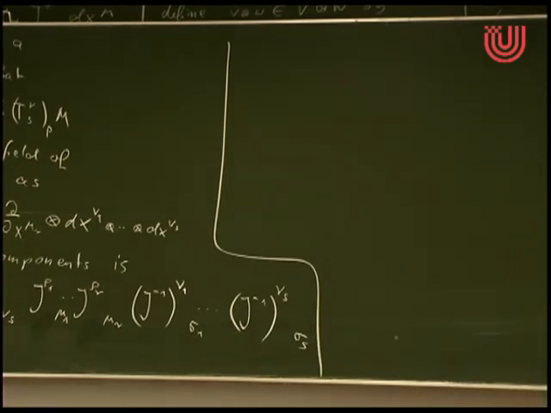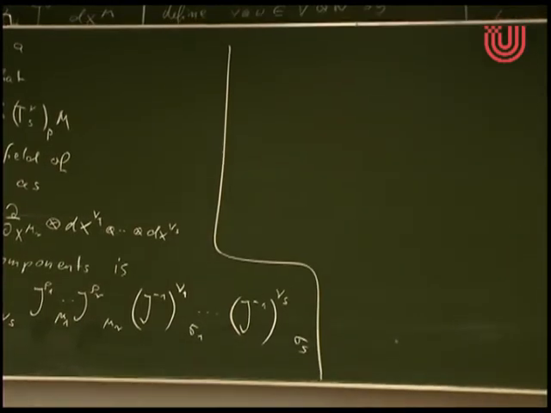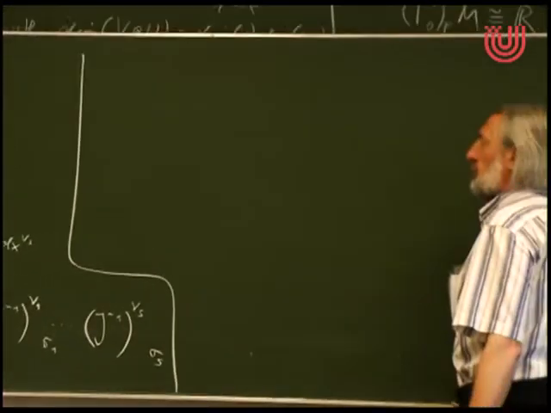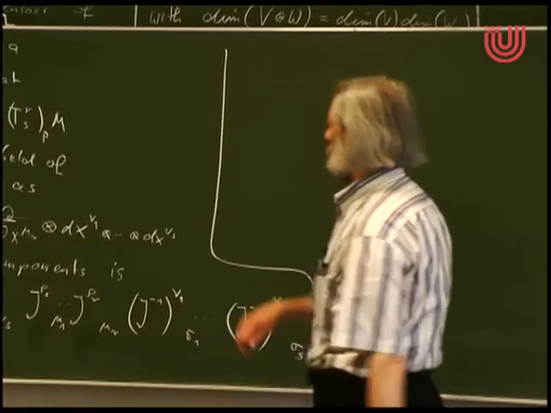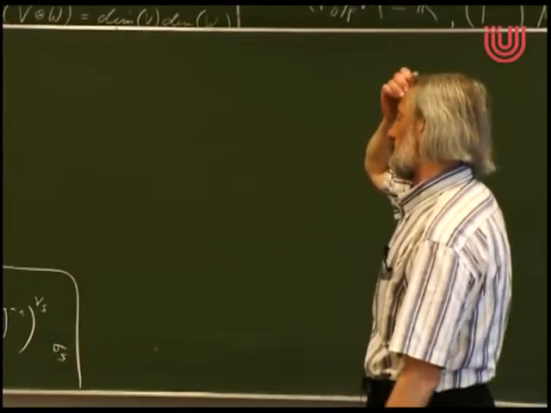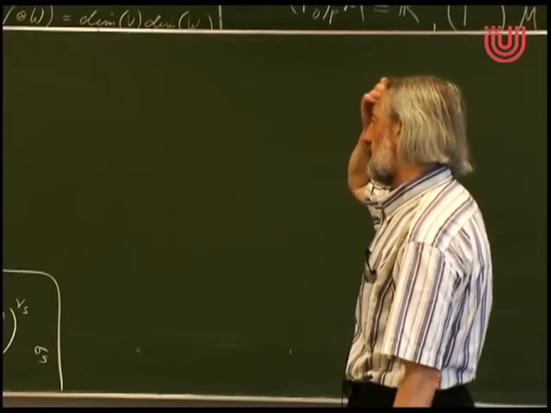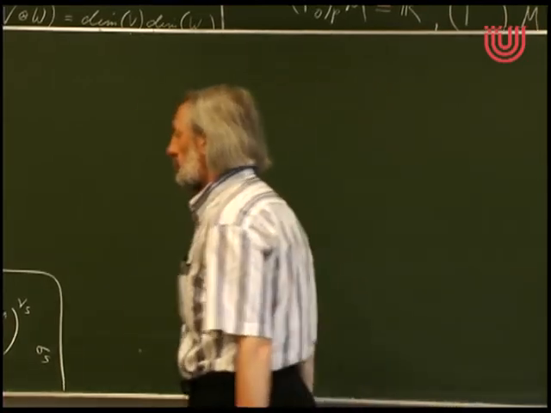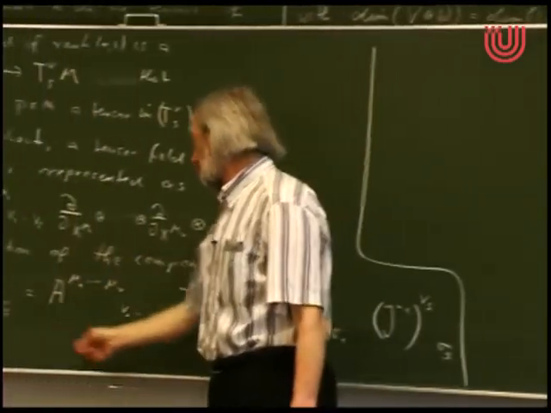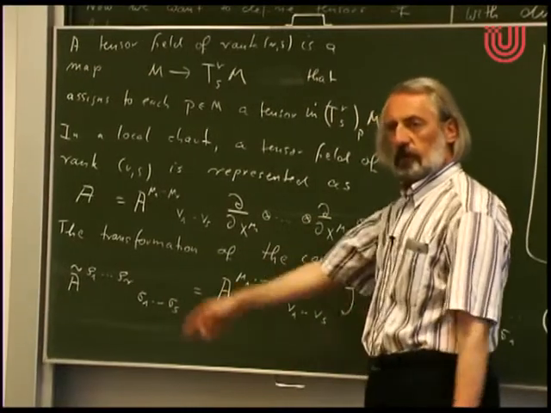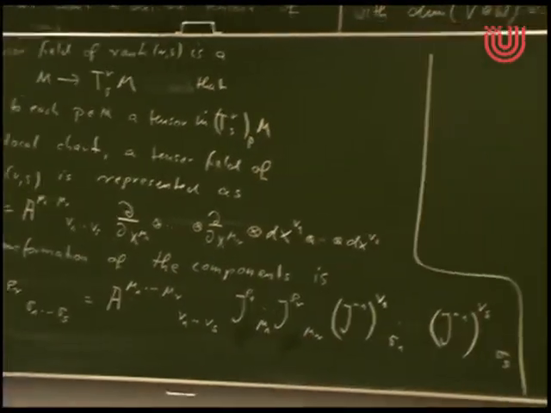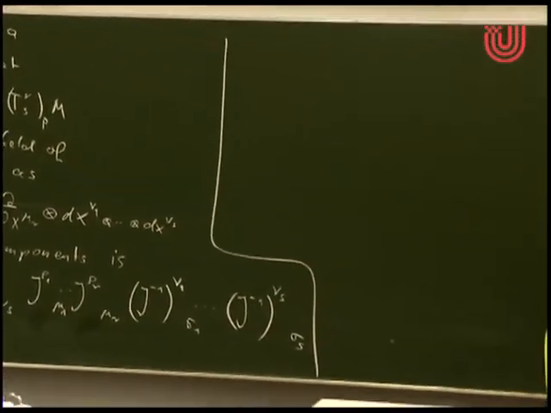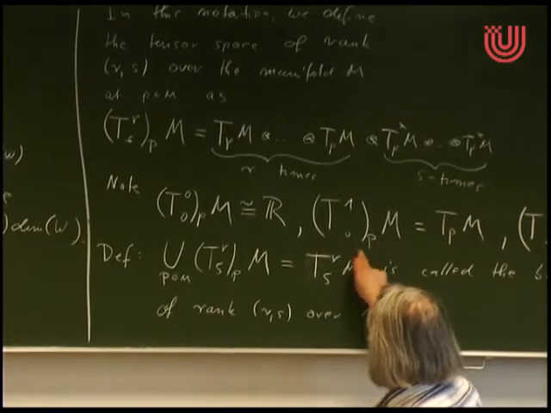I should make a remark on what is a C-infinity tensor field. So what does it mean that a tensor field is differentiable? I just talk about C-infinity, infinitely often continuously differentiable. The easiest way of defining this is by saying that in any chart, the components are infinitely often differentiable. You can define it in a more sophisticated way by looking at this definition and realizing that this thing is actually a manifold.